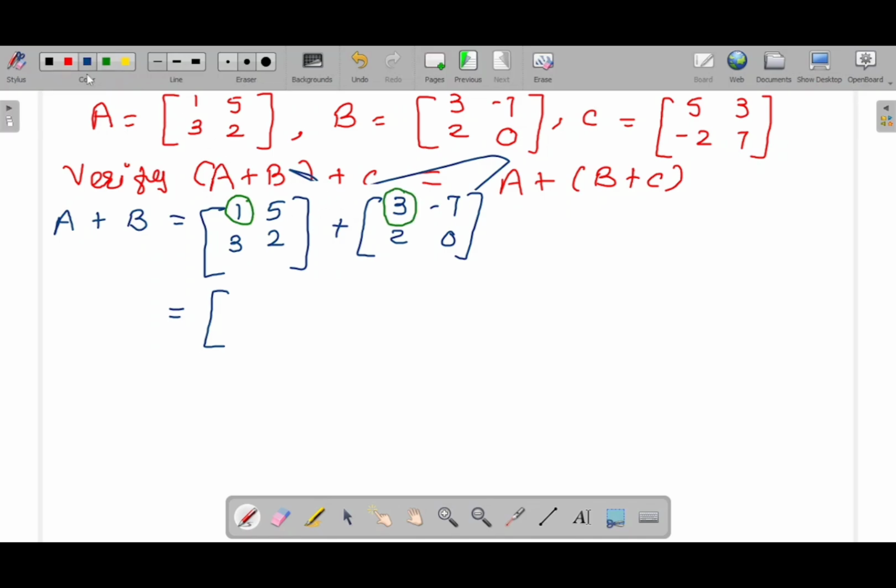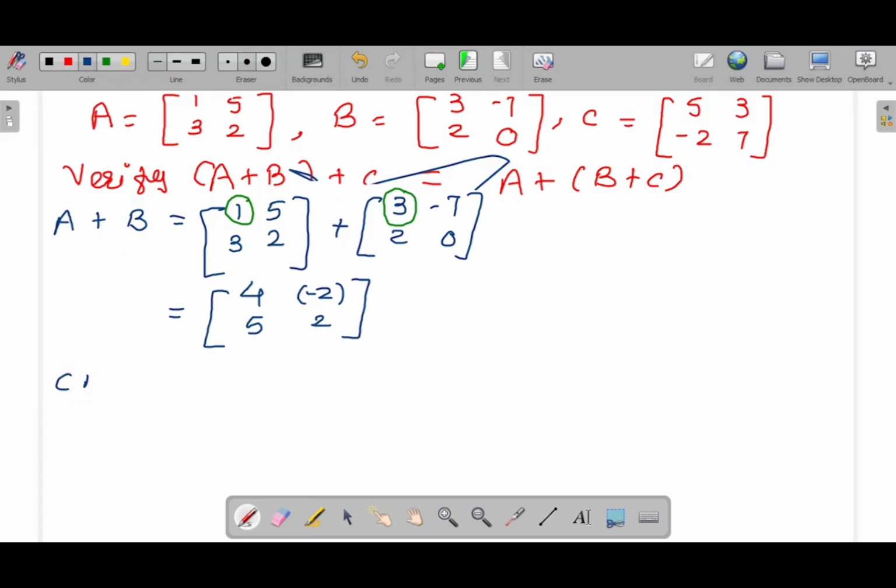So what is the answer? Yes, the answer is 4. I can write it directly without putting that extra step in between. Similarly, 5 plus minus 7 is minus 2. 3 plus 2 is 5, and 2 plus 0 is 2. So this is my resultant matrix of A plus B.